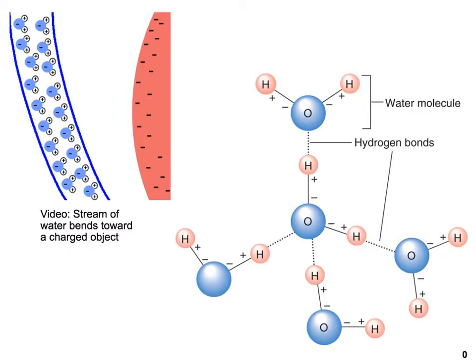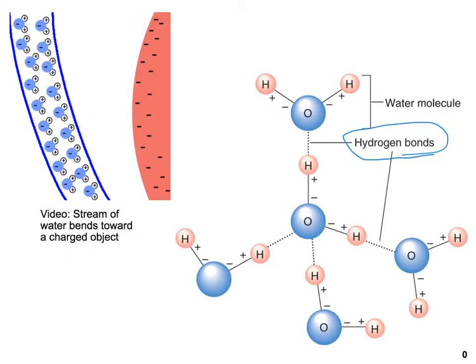All right, this will be the last slide for this video, I think. We are going to talk about a hugely important thing in biochemistry, and that is the hydrogen bond. Hydrogen bonds are a relatively weak but really important attraction between molecules.